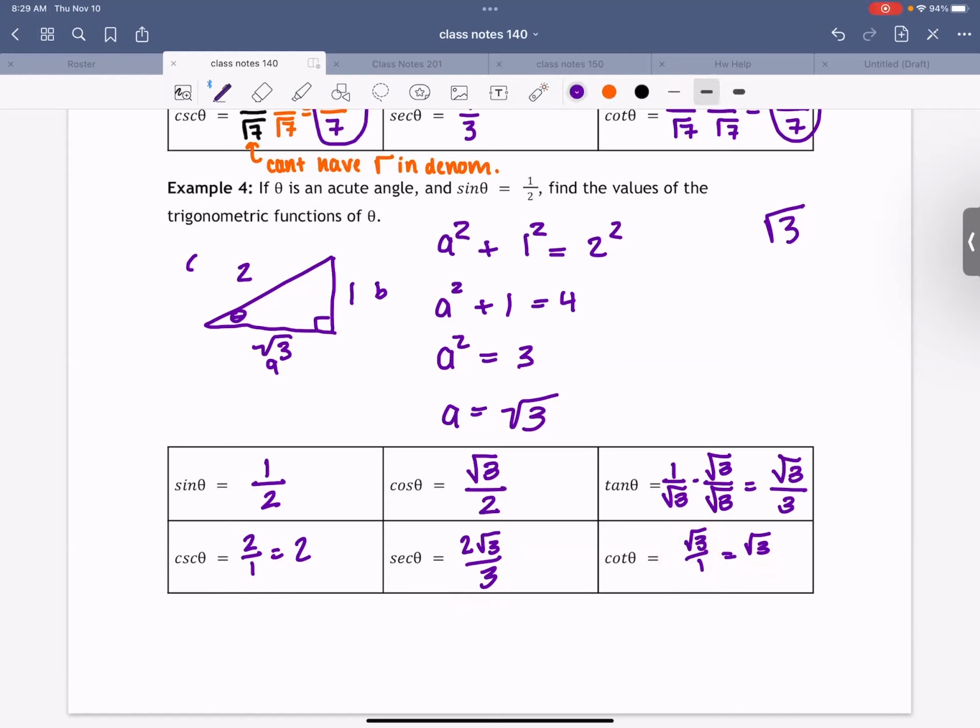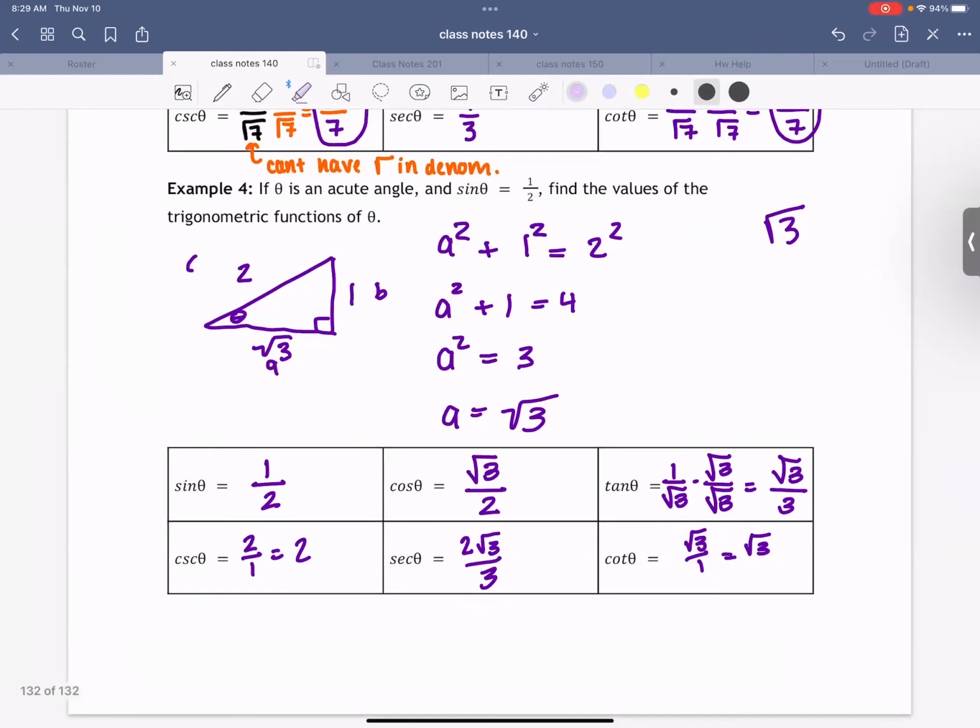Perfect. I do want to talk about the cotangent real quick. I think Marissa found out there were 2 options to find the cotangent, right? You could have started with this one, which Marissa did, and flipped it over. But we actually know that the tangent is root 3 over 3. So why didn't Marissa start with the root 3 over 3 and then flip it over that way?